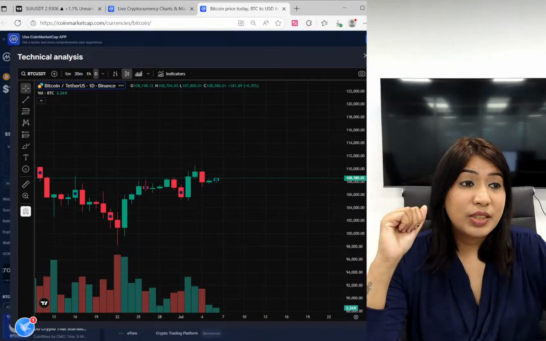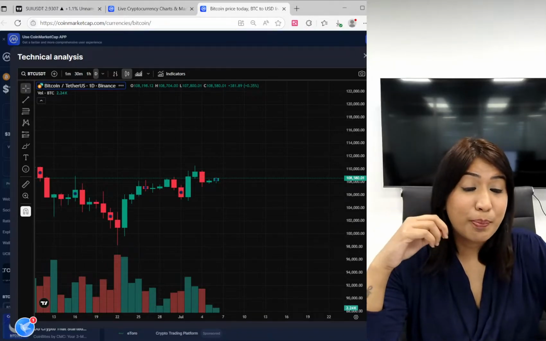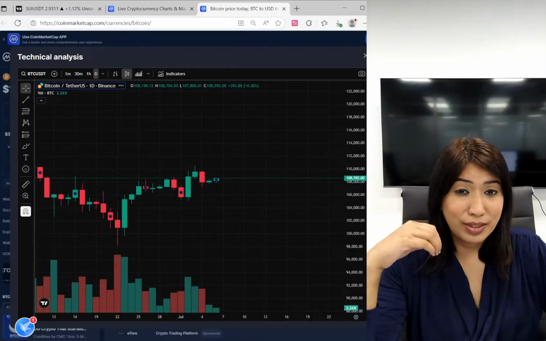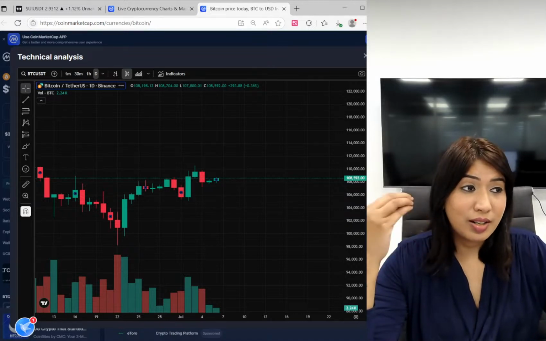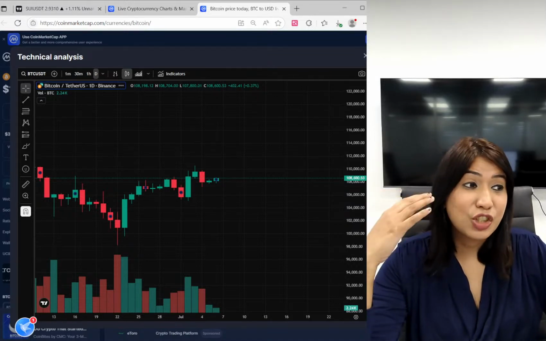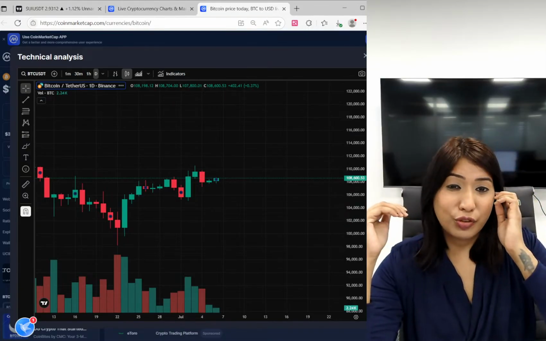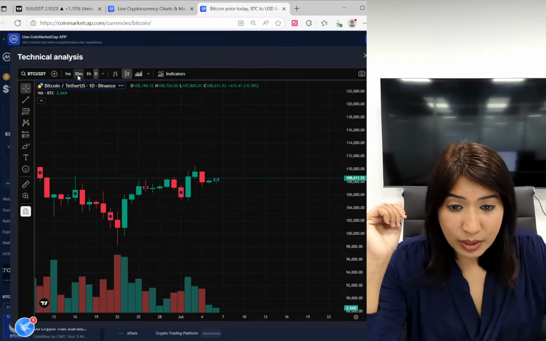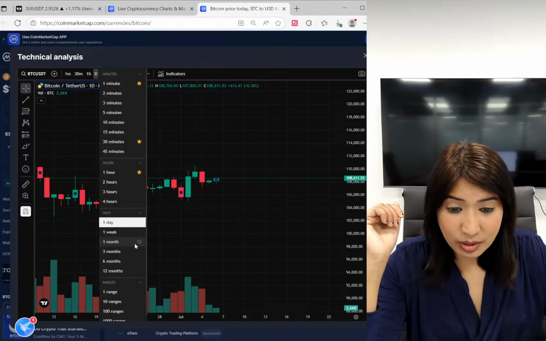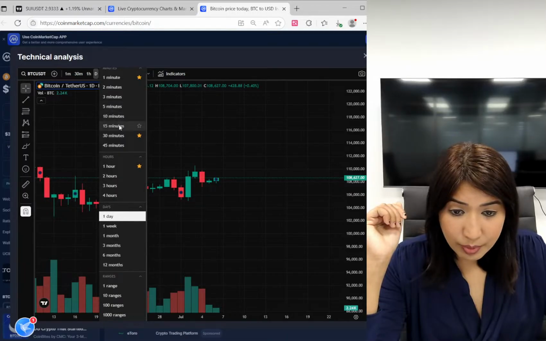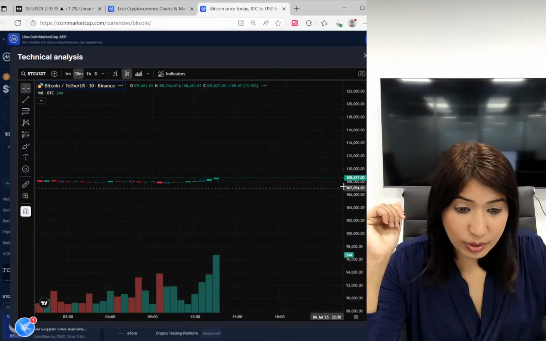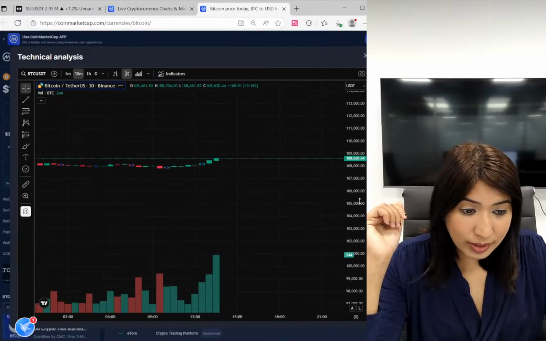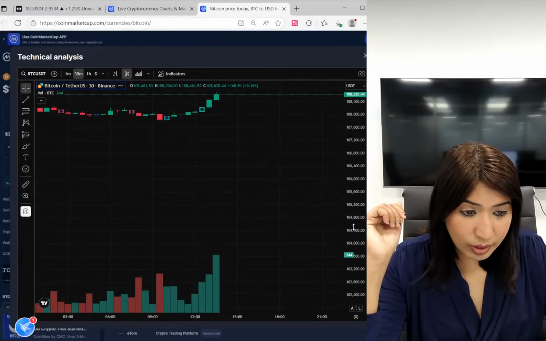A trend reversal occurs when the current market trend, whether bullish or bearish, ends and shifts in the opposite direction. For example, this is a day chart being shown. Let me pick up a 30 minutes chart of Bitcoin.